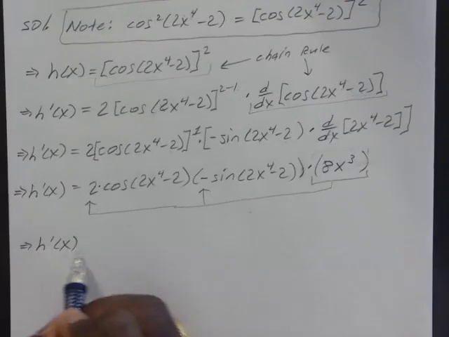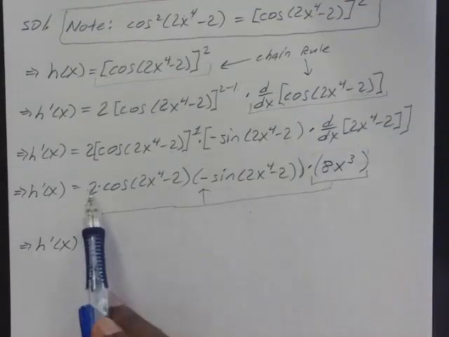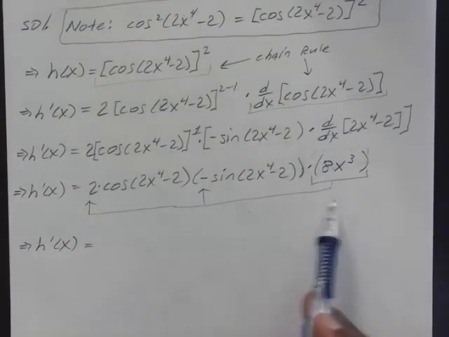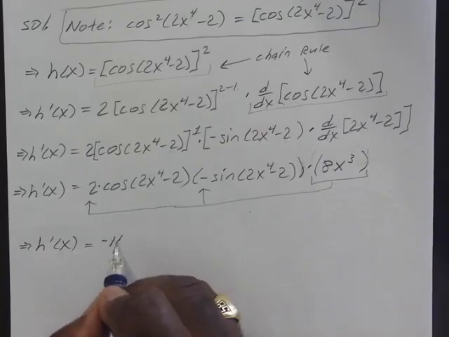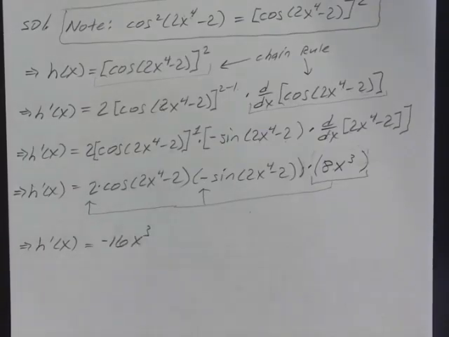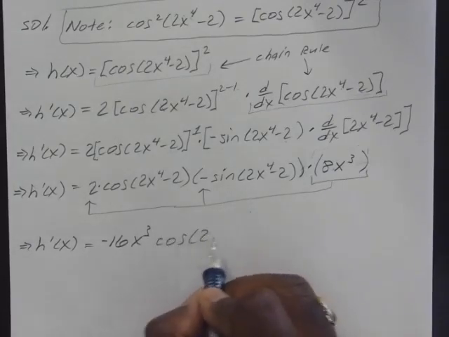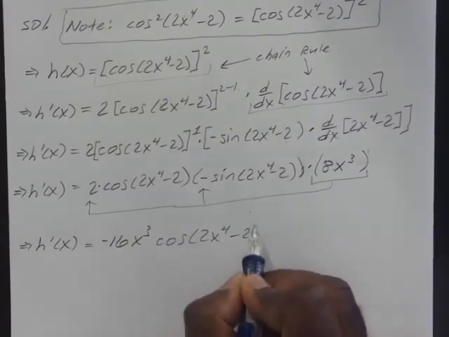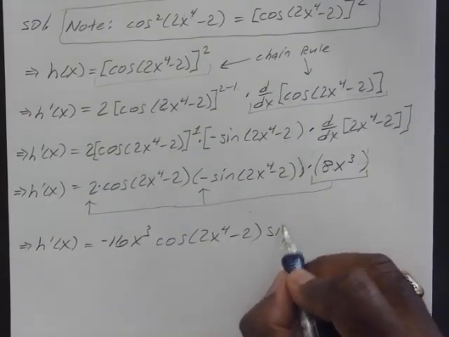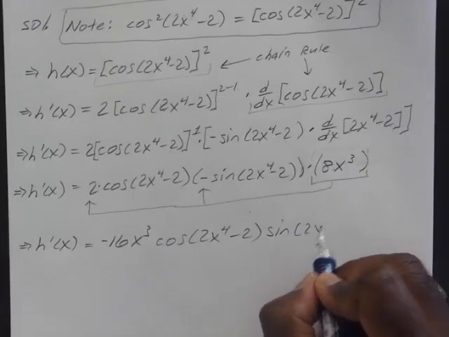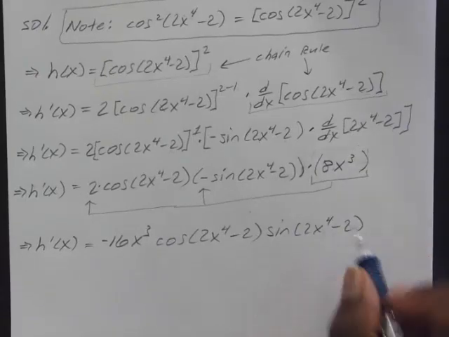So our h prime of x is equal to 8 times 2 times negative 1, well, 8x to the third, which is negative 16x to the third power, times cosine of 2x to the fourth power minus 2 times sine of 2x to the fourth power minus 2.